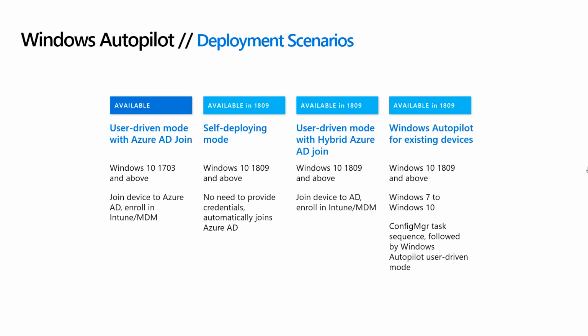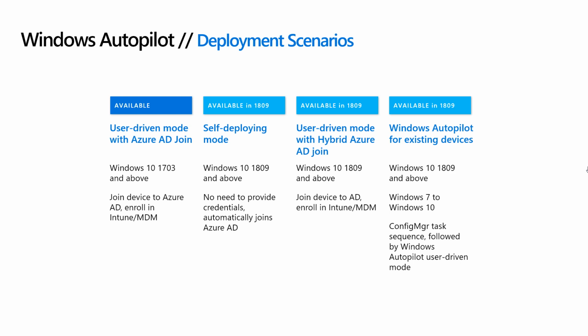The next scenario is user-driven mode with Hybrid Azure AD join. In some cases, you want to implement this scenario, which means you want to manage these computers by on-premise Active Directory and group policies, and Azure Active Directory and Intune policies.